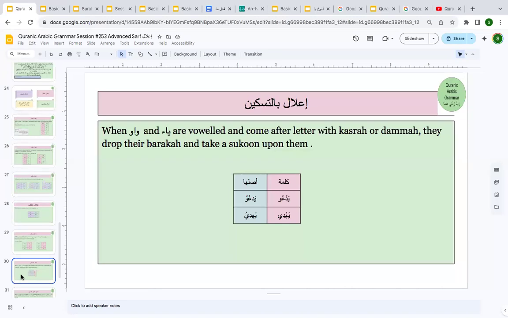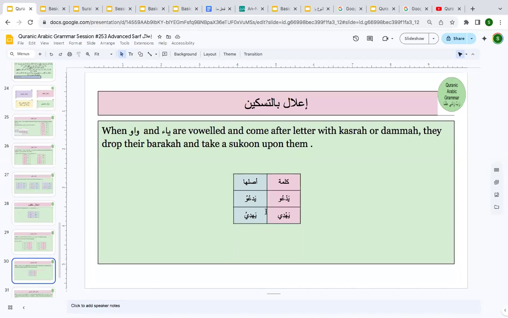When waw and ya carrying a haraka are present after a letter that is either carrying a dhamma or a kasra, they lose their haraka. Is this clear to all of you? That is how yad'uwu became yad'u, and yahdiyu is becoming yahdi.